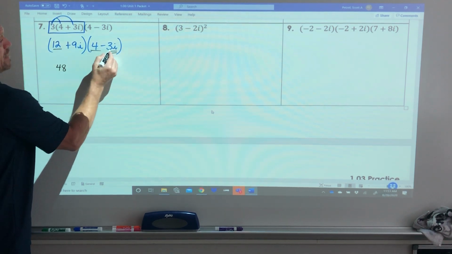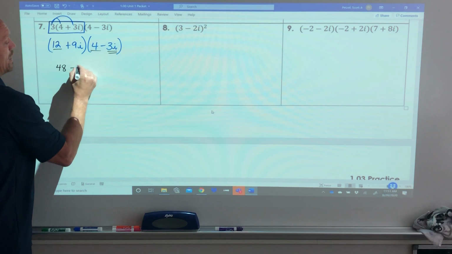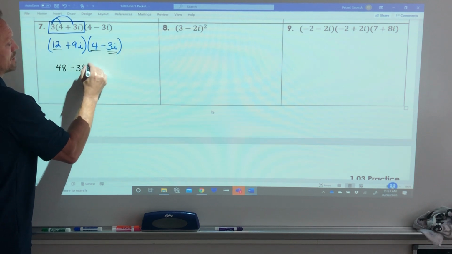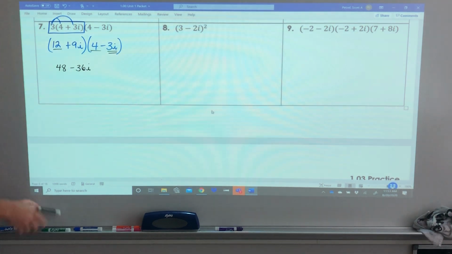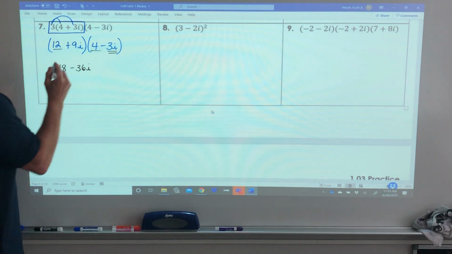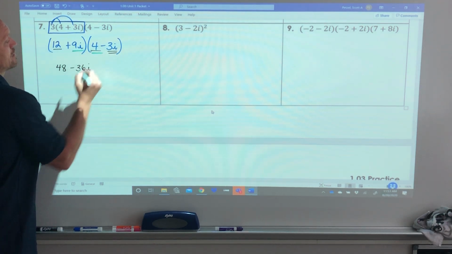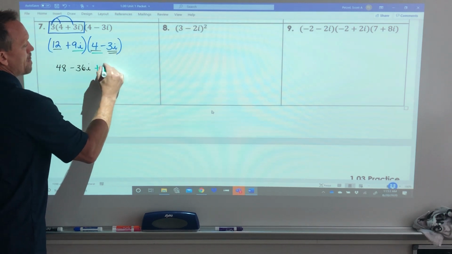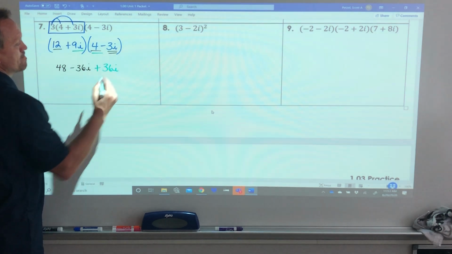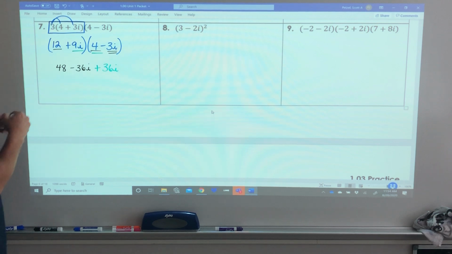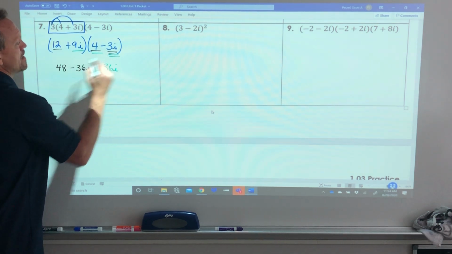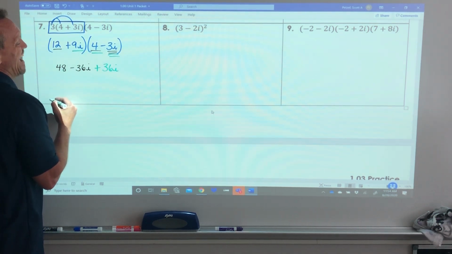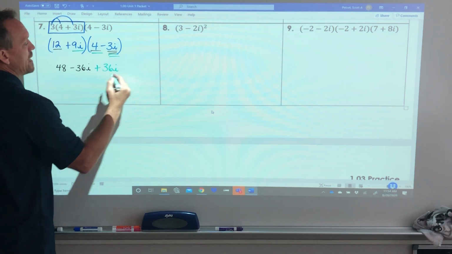Outside, negative 3i times 12i. Inside, 9i times 4. Nine i times negative 3i.